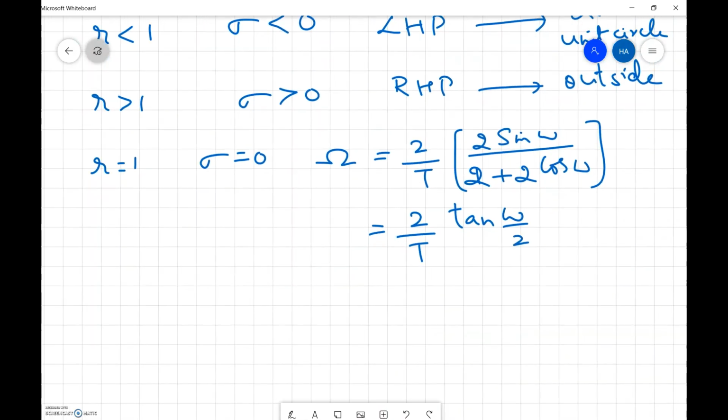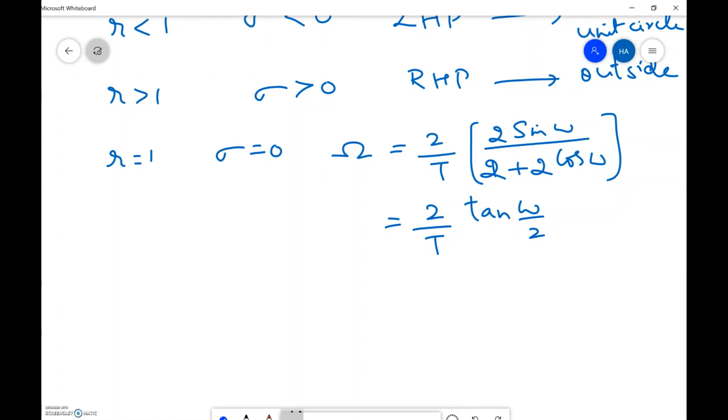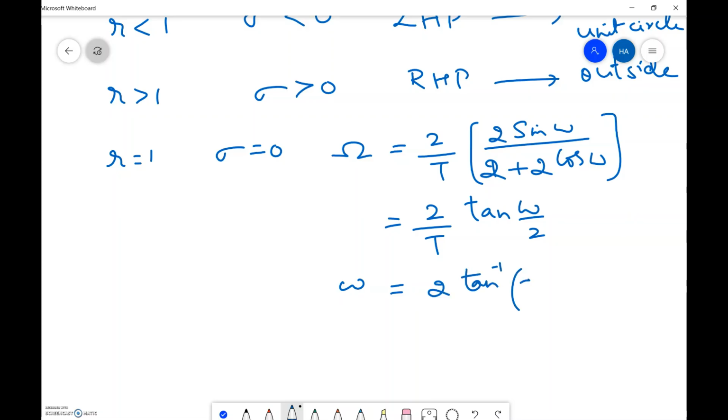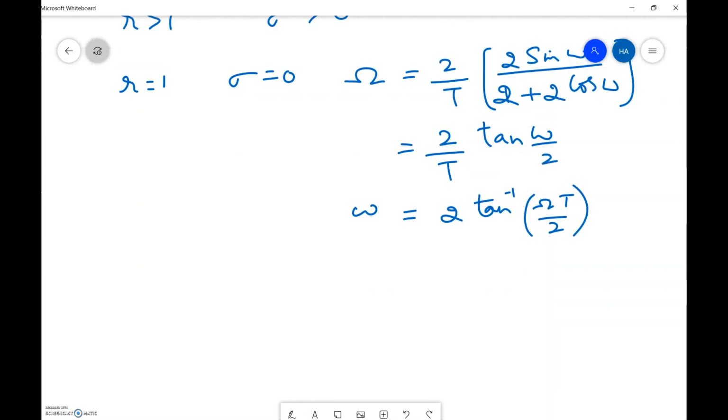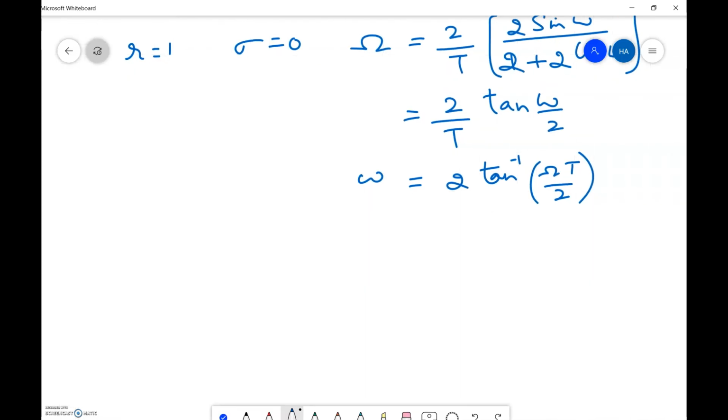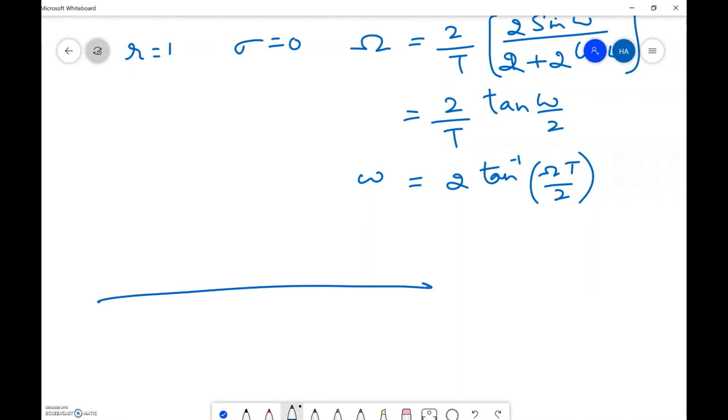So this relationship between the analog and digital frequency in the bilinear transformation, as you can see here, ω can be written as 2 tan inverse of ΩT/2. So if we plot these two frequencies, the analog versus the digital frequencies, it is actually a non-linear relationship because we have the tangent function in it.